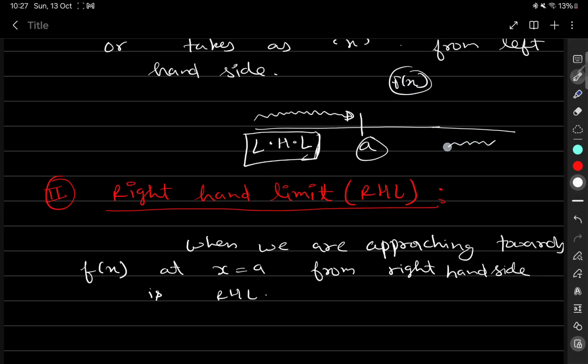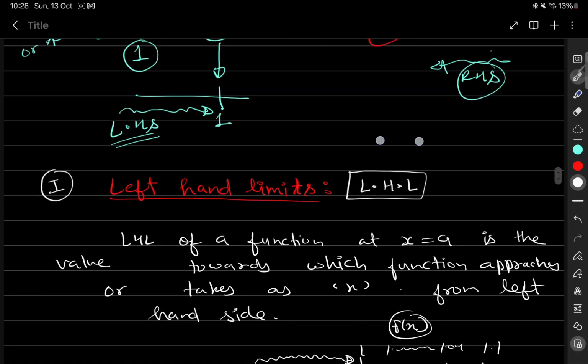Now we are taking values from the right hand side. Like this one is 1, I am taking 1.1, then 1.001, then 1.00 and so on. We are taking values from the right side. So whatever function value we are getting from this is known as the right hand limit.